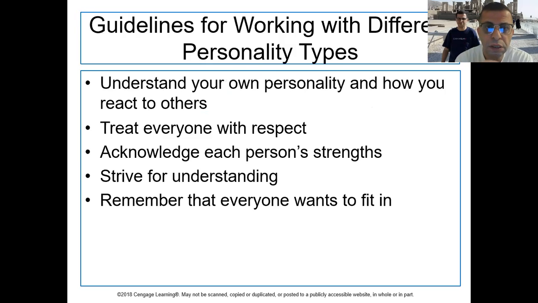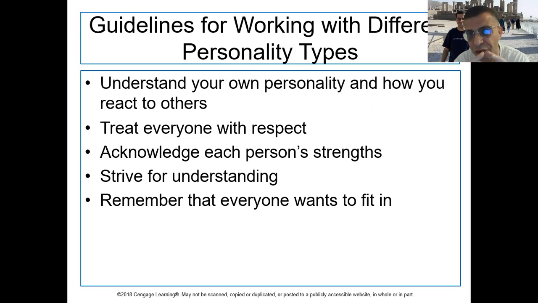And the guideline for working with the different personality types is here. Understand your own personality, what kind of person you are, and how you react to others. Treat everyone with respect, acknowledge each person's strengths, strive for understanding, and remember that everyone wants to fit in.